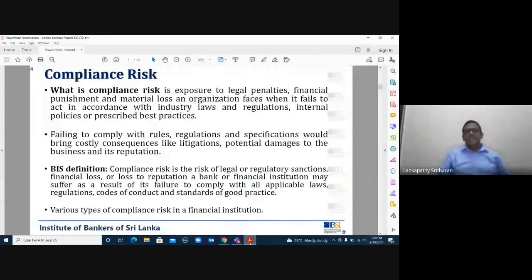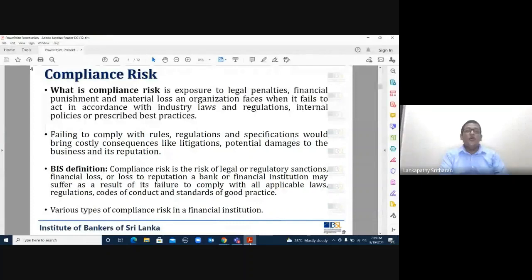If I give an example, if you are working in banks or finance companies, particularly banks, you may know the SLR, the statutory liquid asset ratio, which we discussed in the risk management section. Under the statutory liquid asset ratio, all banks have to maintain 20% as liquid assets against their deposit liabilities. It is mandatory. It is imposed by a direction based on the powers given by the Banking Act.